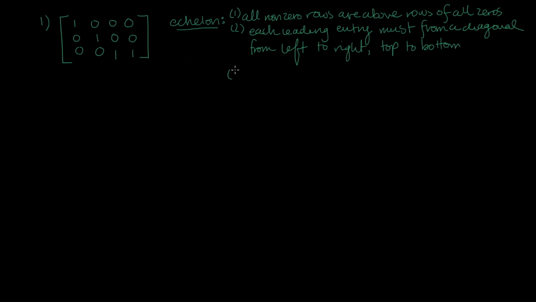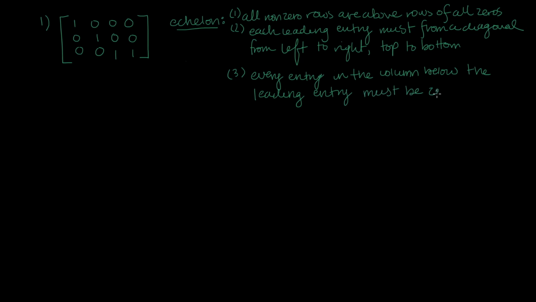And lastly, every entry in the column below the leading entry must be 0. So that's what echelon form means, and I will go over that in a second.